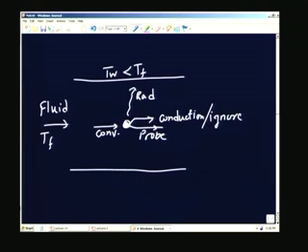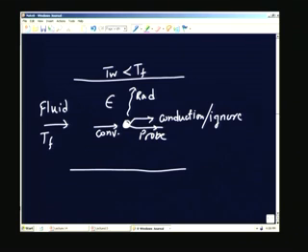Then all I have to do is balance the convective heat transfer from the fluid to the surface of the probe by the loss due to radiation from the surface, and the loss due to radiation from the surface depends on the emissivity of the surface, which I will indicate as epsilon.